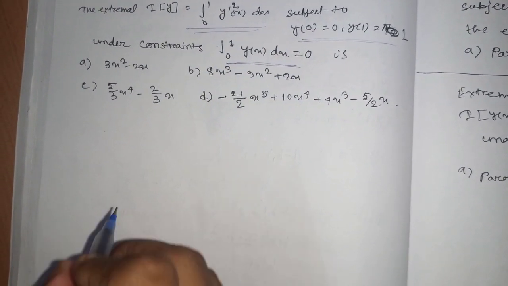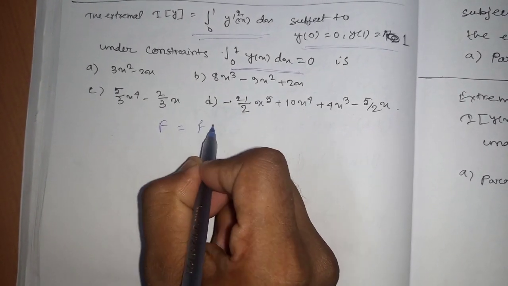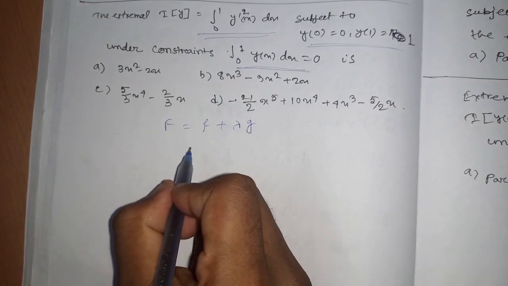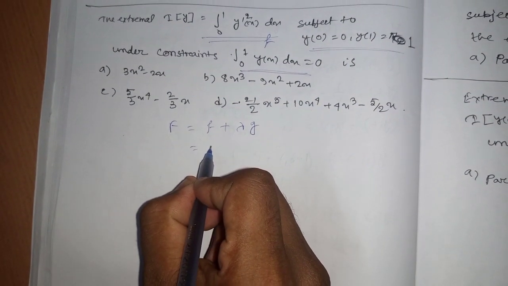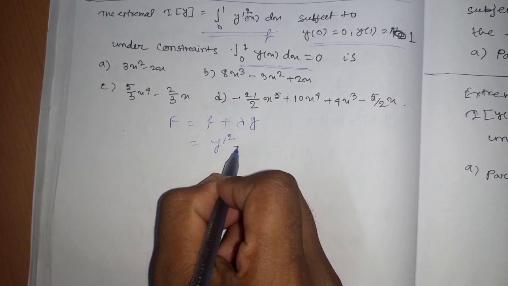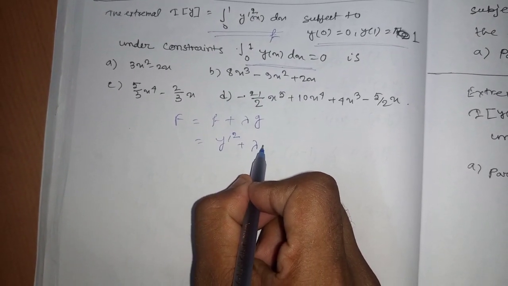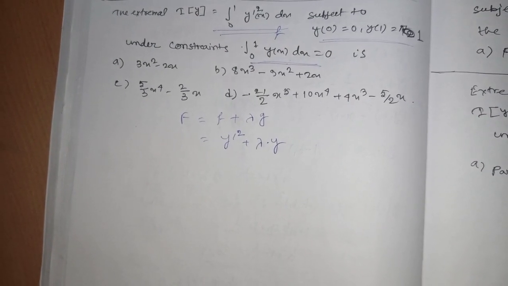Now what we have to do? We have to make another functional, say capital F equal to small f plus lambda small g. Now what is small f? This is our small f, so y dash square plus lambda into g. G is given as y. So this is our new functional.